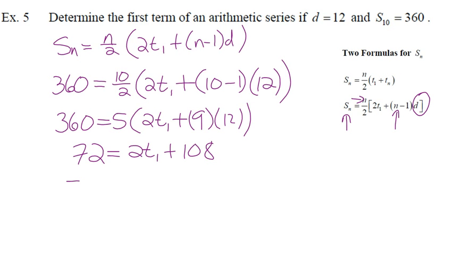Negative 36. You may want to check this with a calculator. I don't have a good track record today. 72 and 36 is 108, so yeah, that's it. Excellent, that's 2 thumbs up.